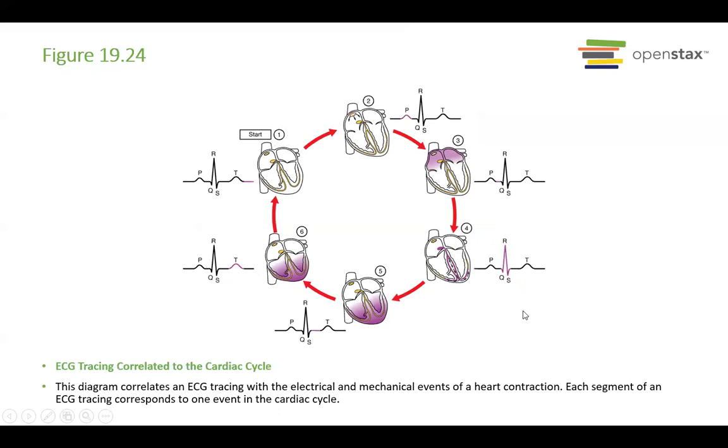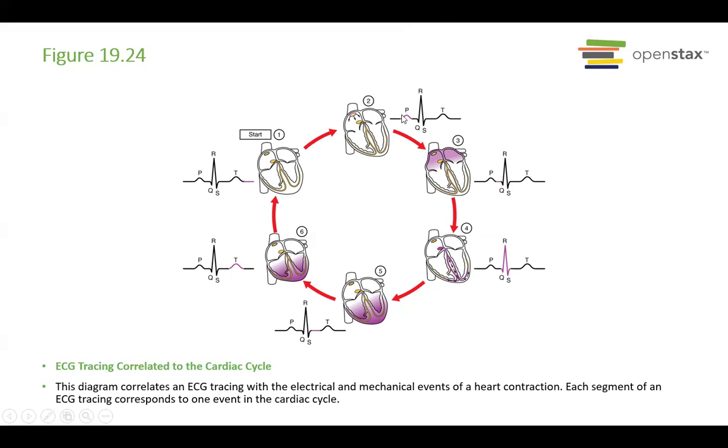If we now try to match the waves with the actions of the heart, you have the P wave, the QRS, and the T. At the beginning, when you are at rest, you have just ended your cycle, so now you are repolarizing.